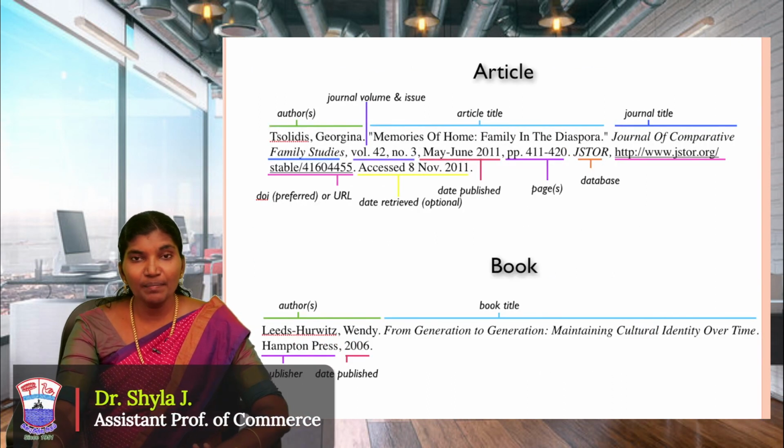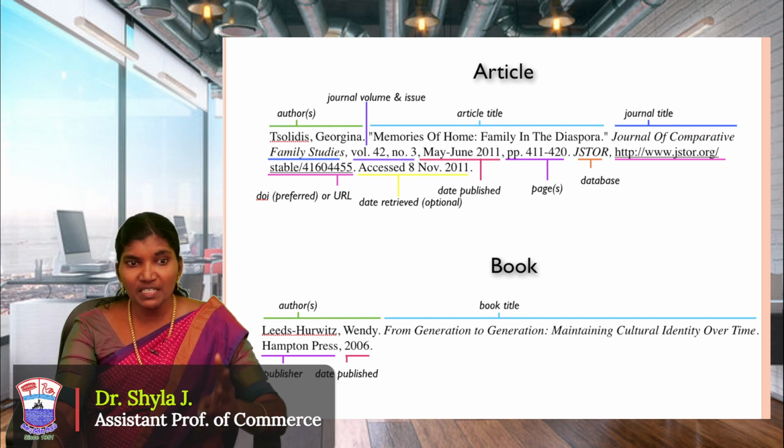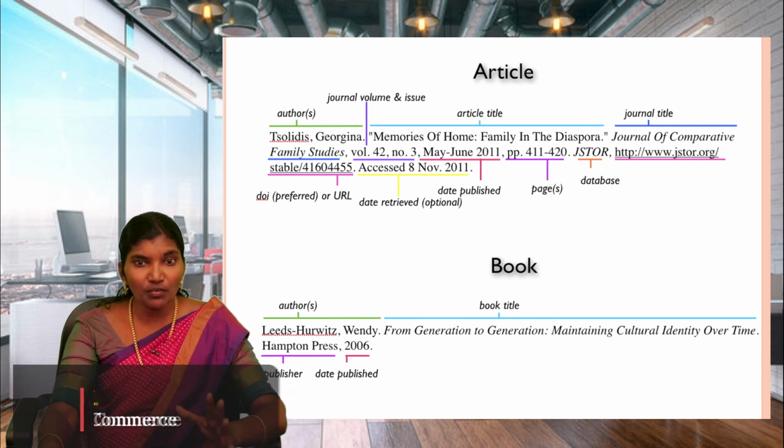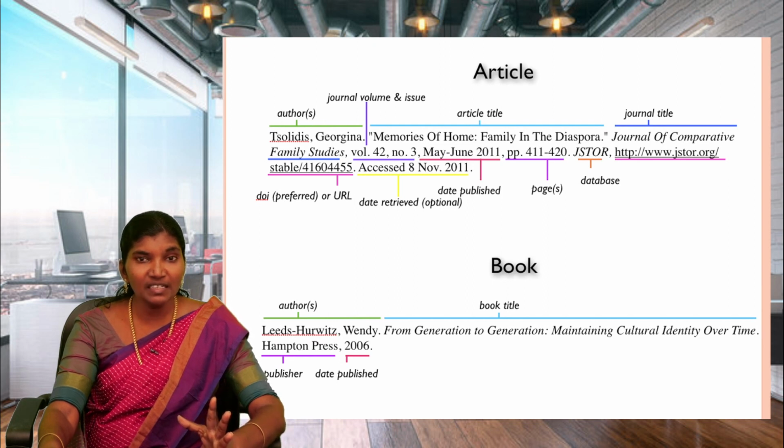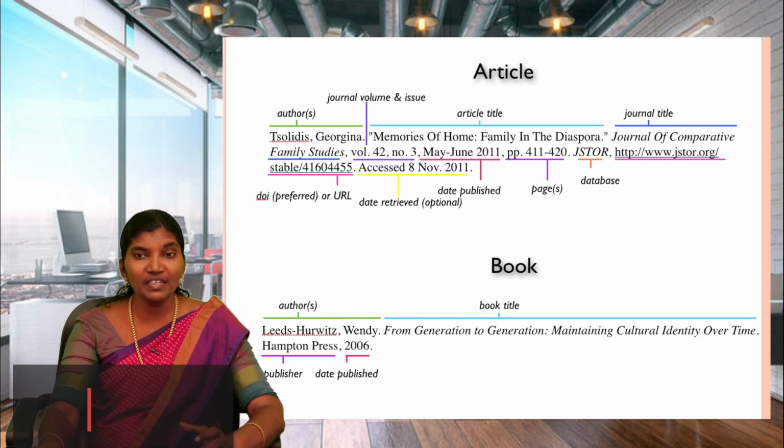This is an example of MLA reference style. This article contains the in-text citation which includes the reference details. For an article, you should include the author name, then the article title, then the journal name. The article title, Memories of Home: Family in the Diaspora, is enclosed within double inverted commas.